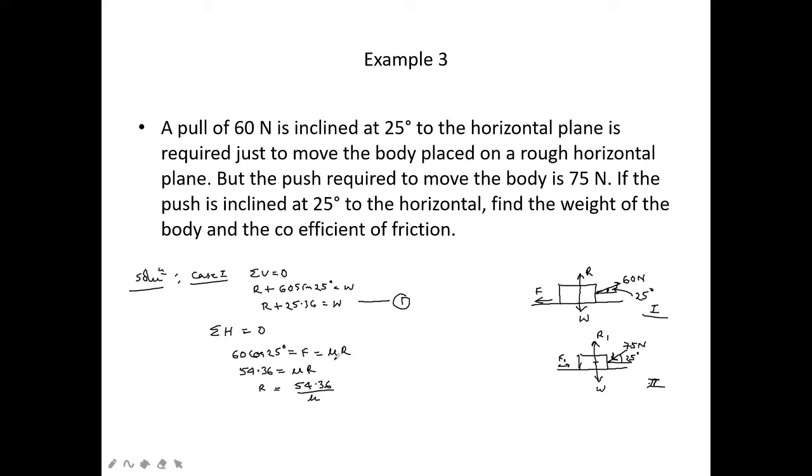Now if you put the value of R in equation number 1, putting the value of R in 1, what we are getting is 54.36 upon mu plus 25.36.